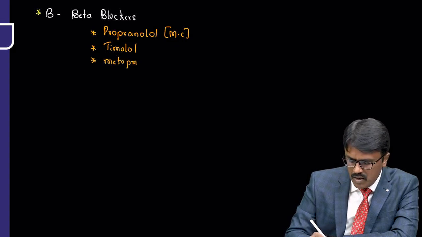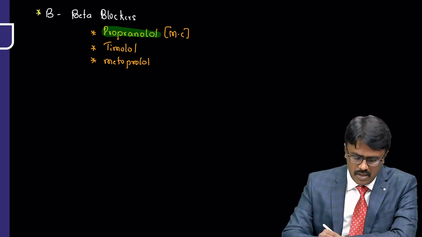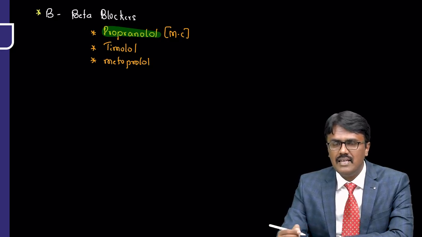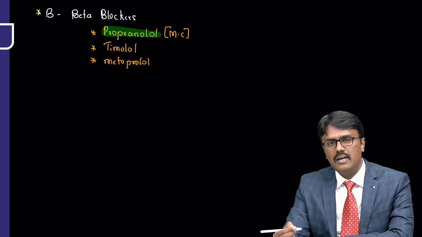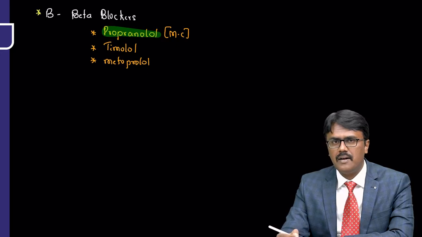But among all the drugs, the most commonly used drug is propranolol. The reason why beta blockers are used is, you know that anxiety will increase the trigger. It will trigger the migraine, so propranolol decreases anxiety, it causes sedation. And also these beta blockers are vasoconstrictors.